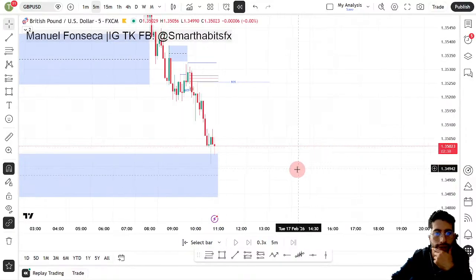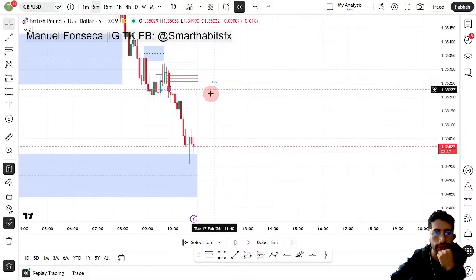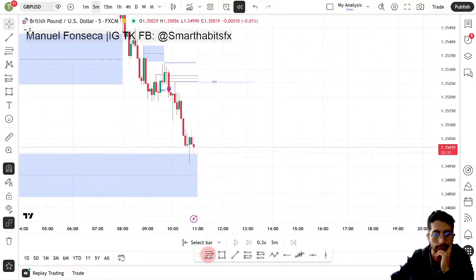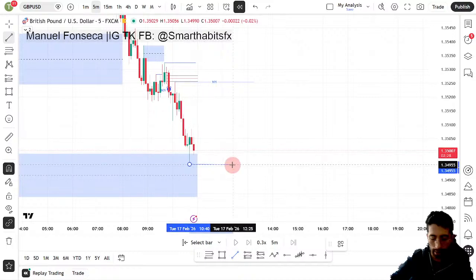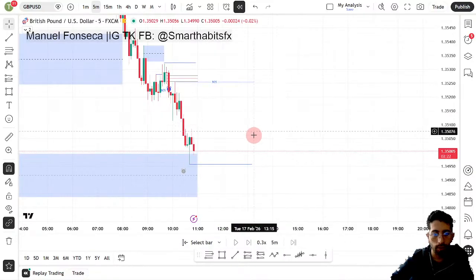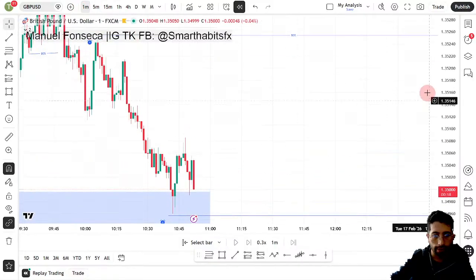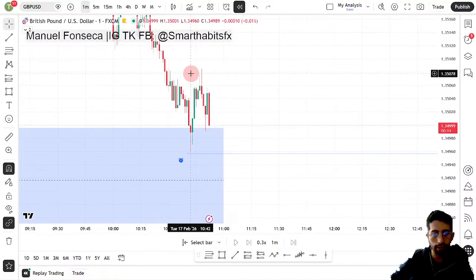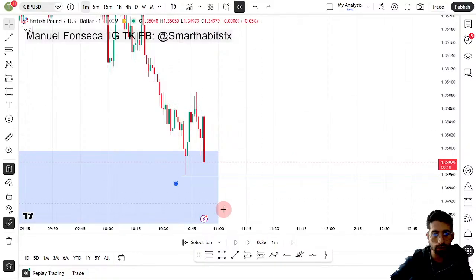So I'm creating an alert here just to see if the price crushes this and breaks it with the body of the candle. But I'm also going to put another alert here. Why? Because in 1 minute, if you can see here, the price can continue going downwards, right? And this could be the beginning of a range.